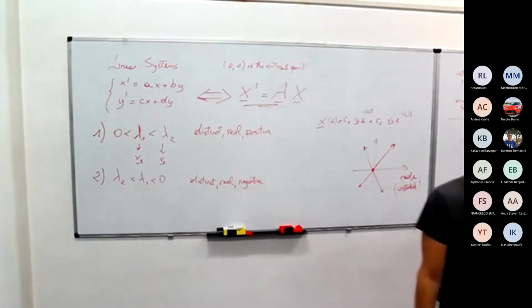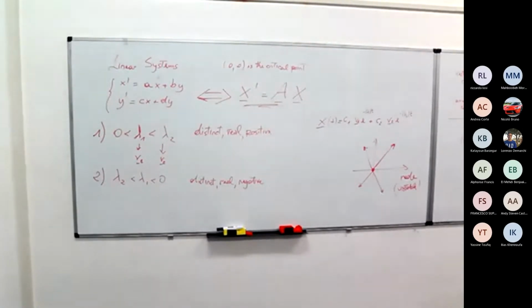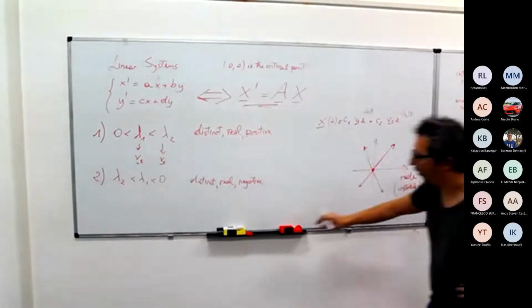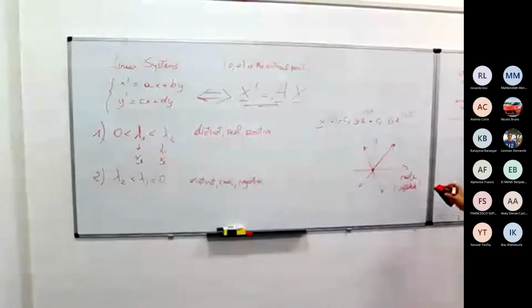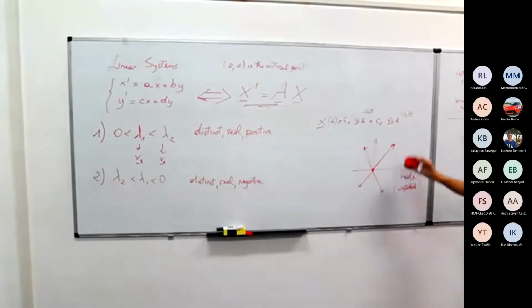Some guess, for t which tends to plus infinity. Yeah. So the arrows will be in the other direction. All the 4 arrows. Correct.